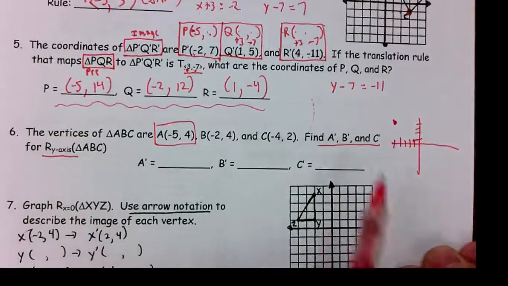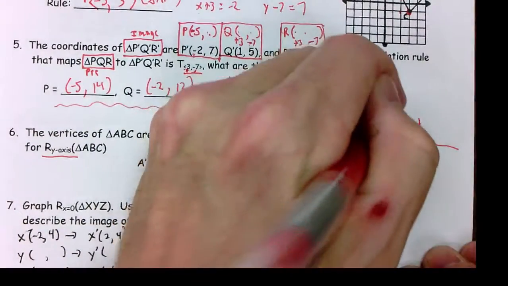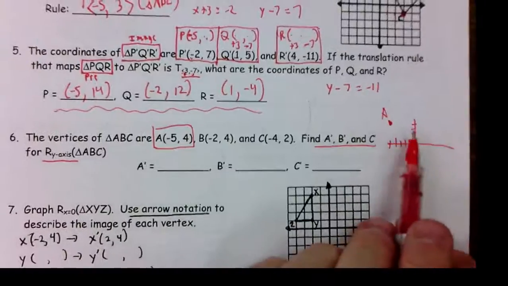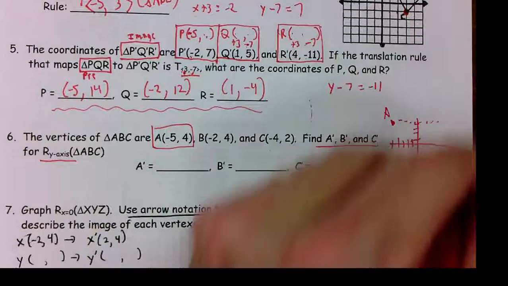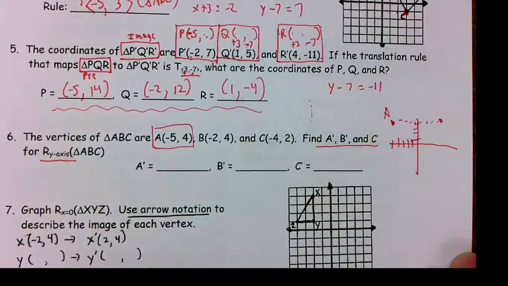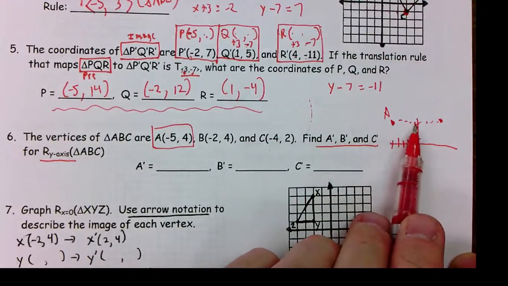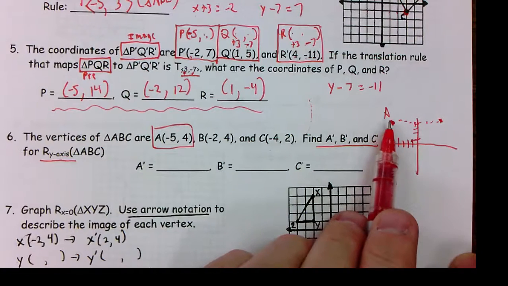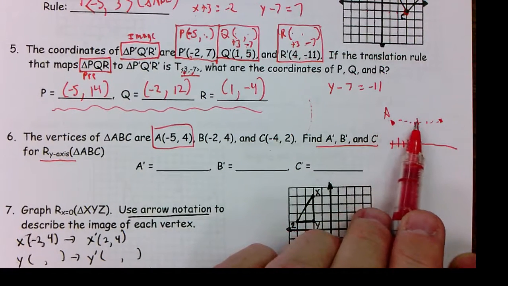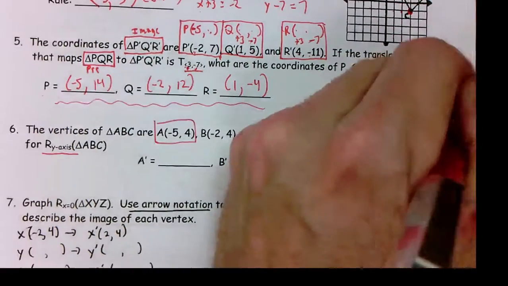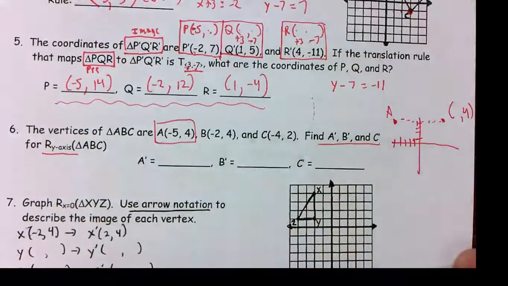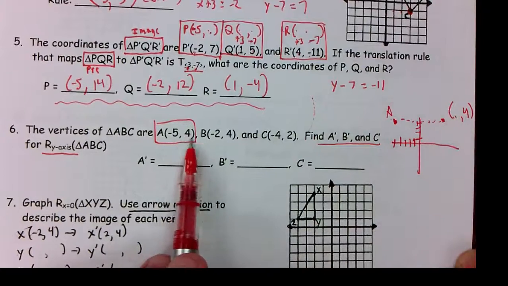And point A is going to go across the y-axis. So it's going to go this way and end up over here. Notice how the y value does not change. It just goes 5 spots to get to the y-axis and then 5 spots to the other side, but the y value is still 4, like it was when I started.